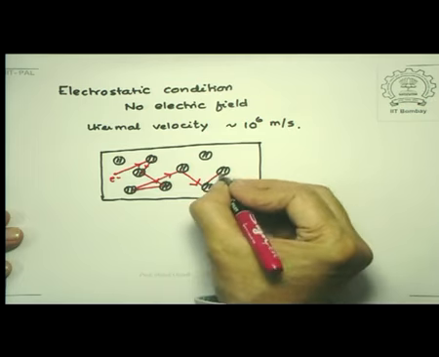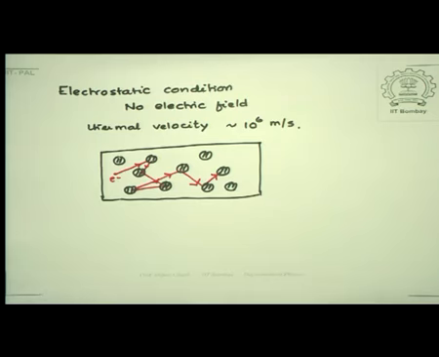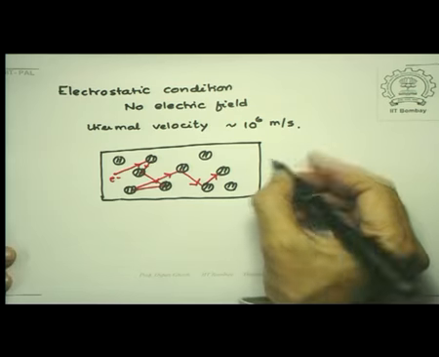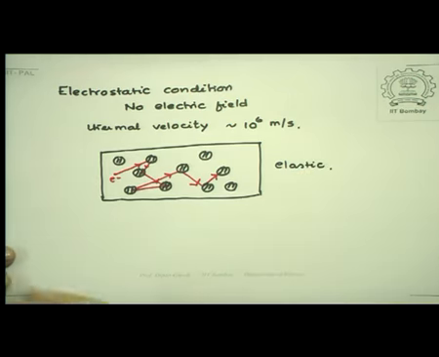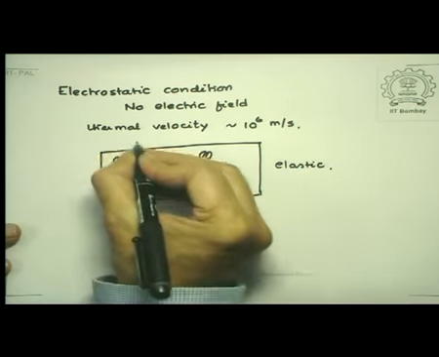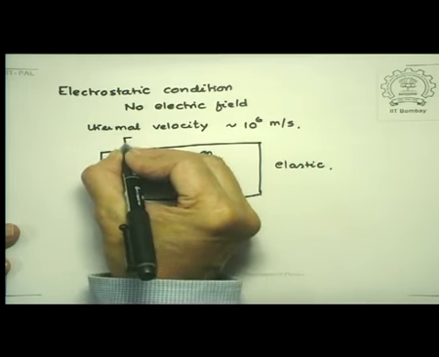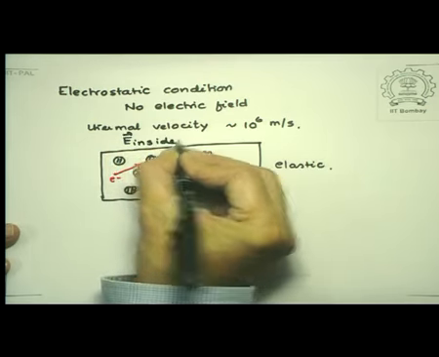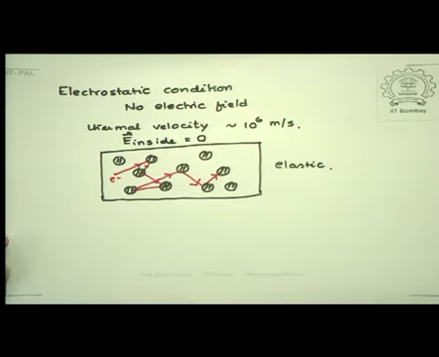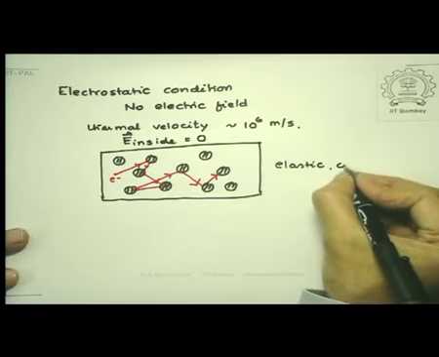There is no particular pattern, and let me explain why. This collision is essentially elastic in nature. So these are elastic collisions. So we are talking about in the absence of any field inside. So let me say E inside is 0. So elastic collisions take place.